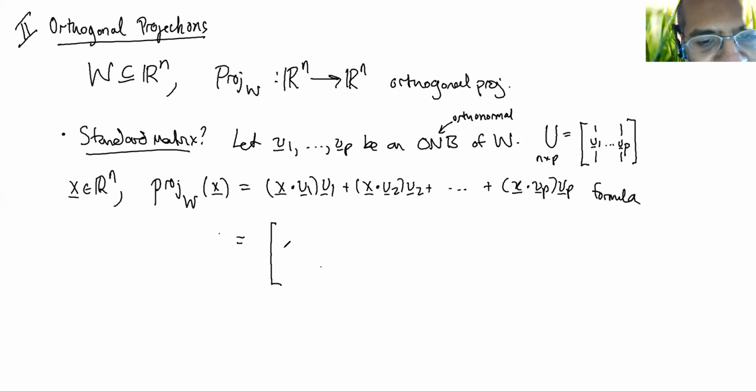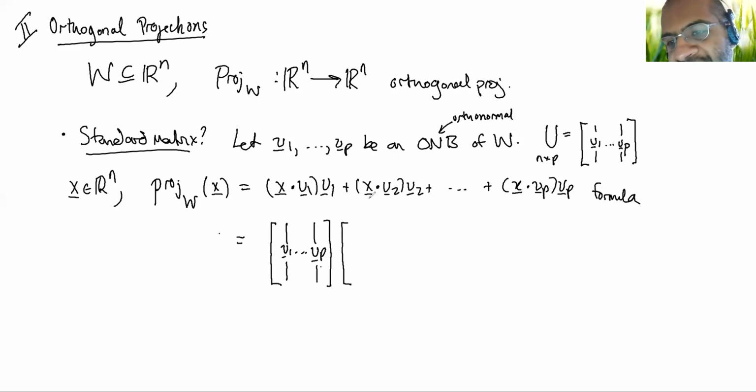So I can write this as U1 up through UP times the coefficients in the linear combination, which are just dot products, which I'm going to suggestively write as transposes.